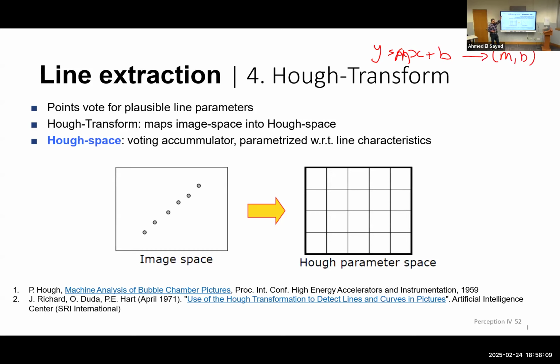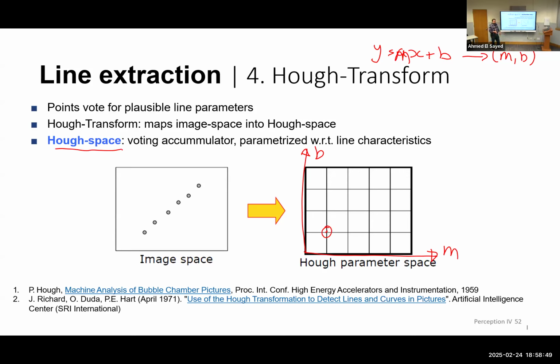Those two values can be considered as a point in the space. So if I have two coordinates, one for the slope and the other for the y-intercept, I can consider any line as a point in this space. I will call this space the Hough space.